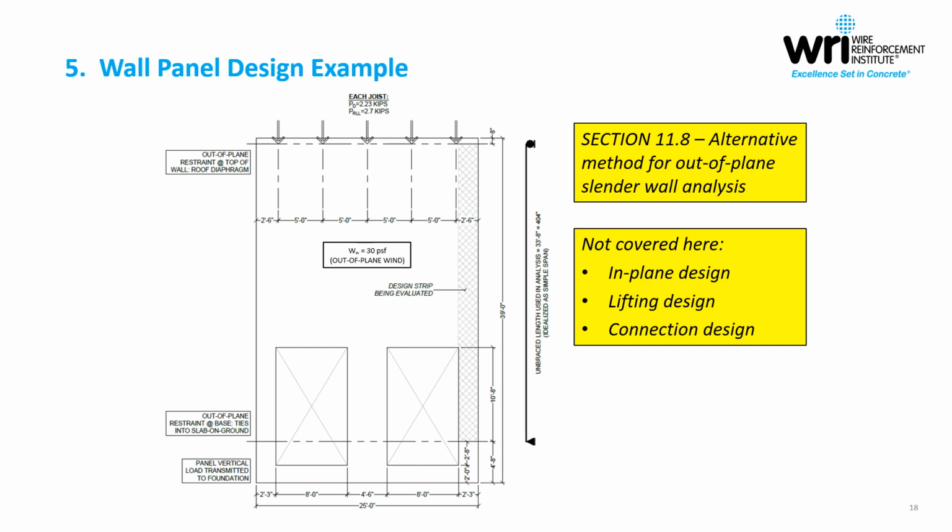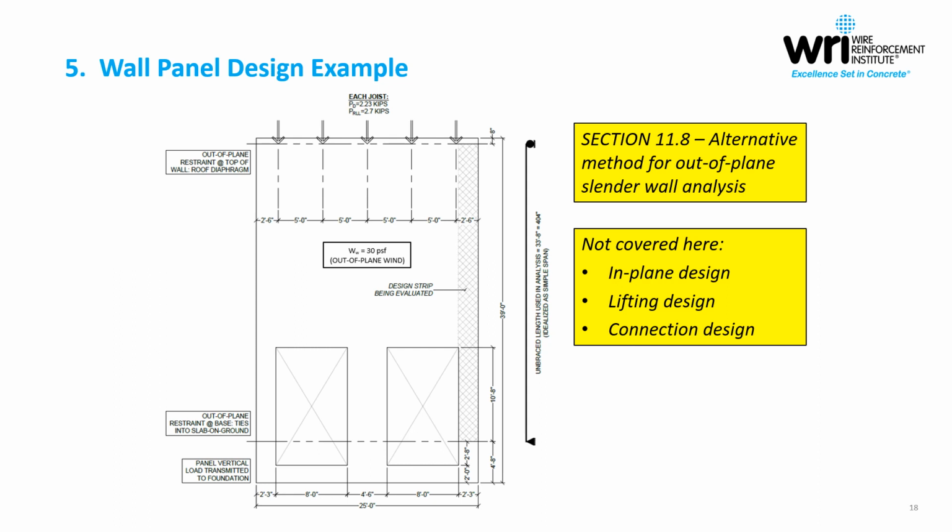We're going to be using section 11.8, the alternative method, in ACI 318. We won't be covering in-plane design or lifting design or the connection design. We're really focusing on downward axial loading and out-of-plane loading, so really the out-of-plane design of the wall. Here's our typical wall panel, 25 feet wide. It has two loading dock door openings.